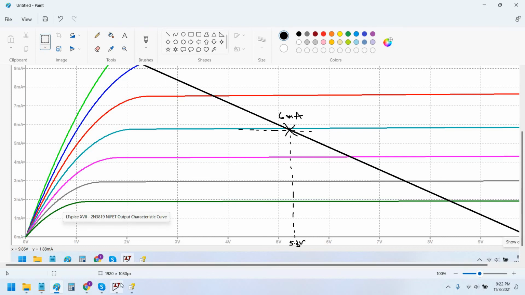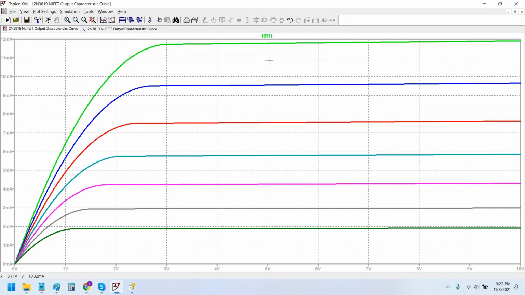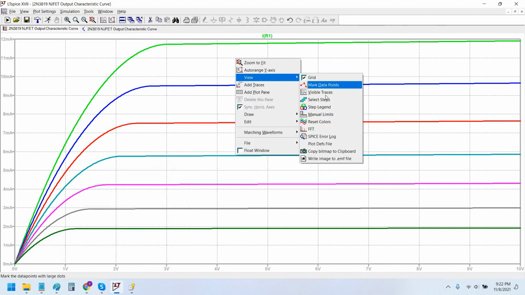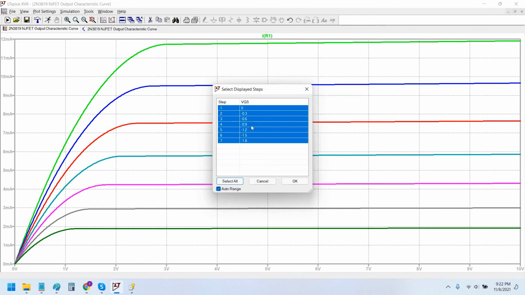We can check this here. We can select this particular graph.